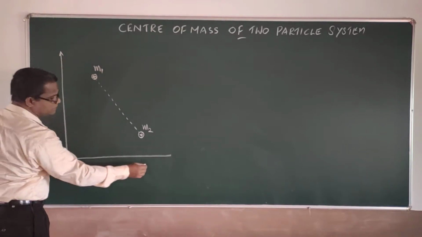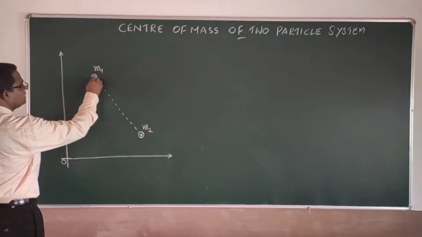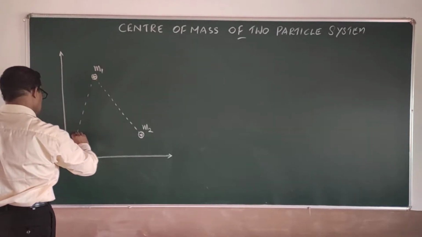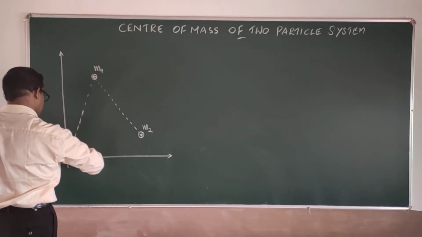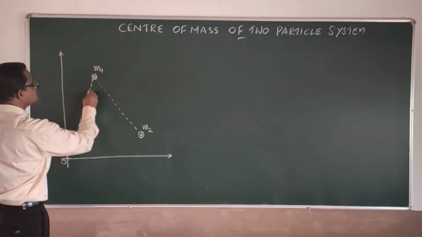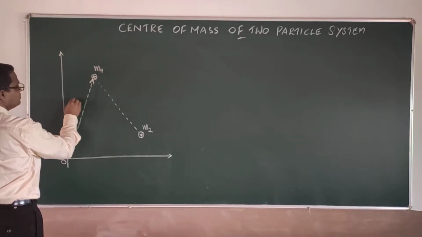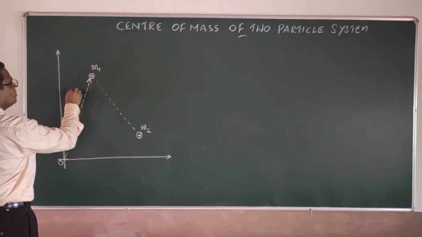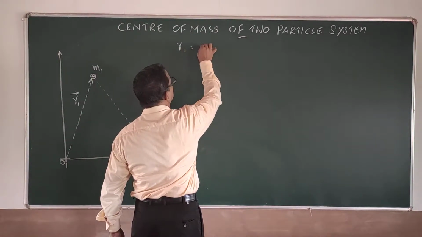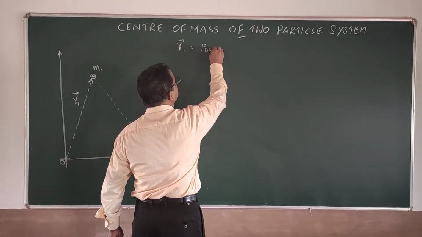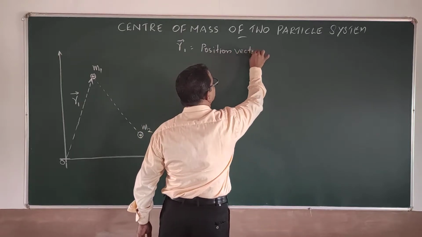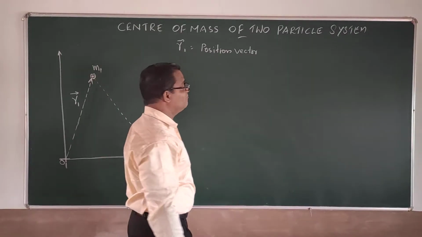And from the origin, now you can define the distance to the mass m1. This distance, I could say, is the position vector for mass m1. r1 is the position vector of mass m1.